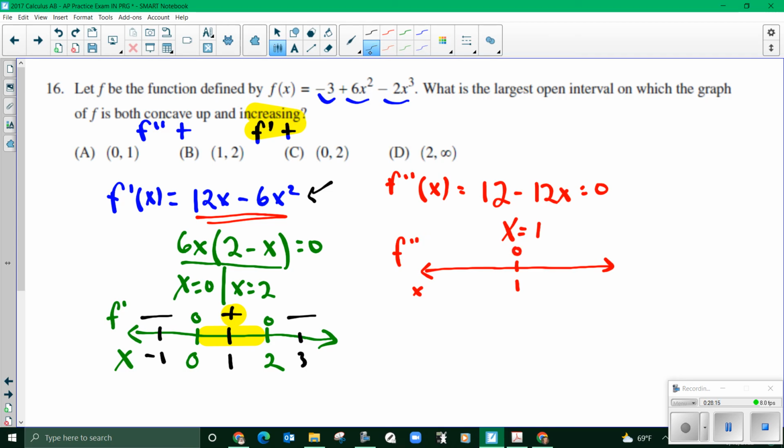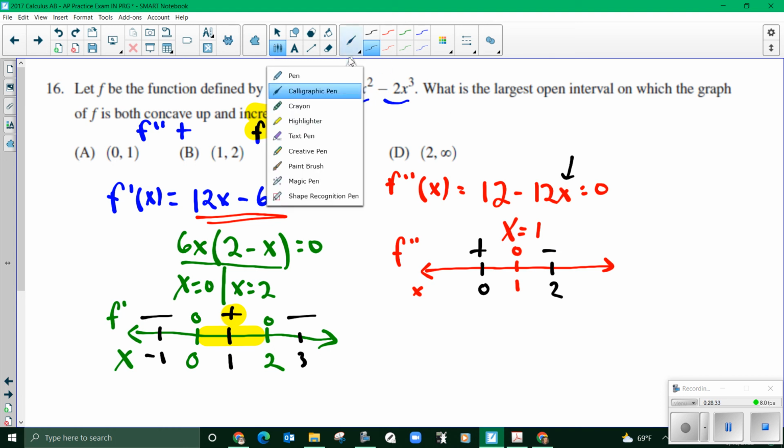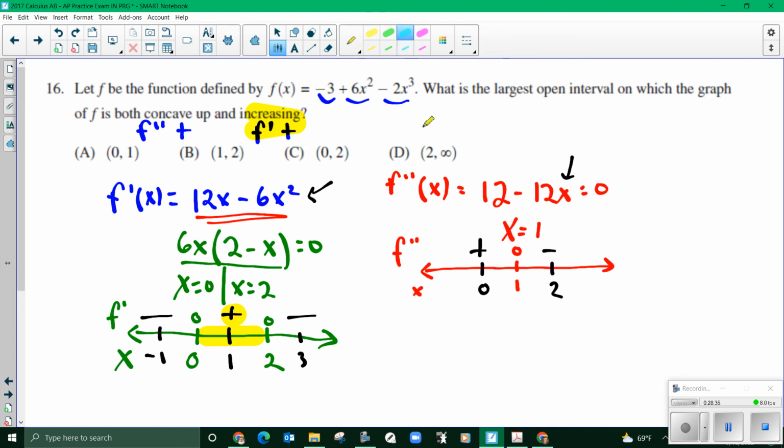Okay, let's pick some easy numbers. Let's put a 0 in and see. If I put a 0 in here, I get 12 minus 0. That's positive. If I put in a 2, that's 12 minus 12 times 2. It's 12 minus 24, which is negative 12. Boom. There you go. So my second derivative is positive here. That's when it's concave up.